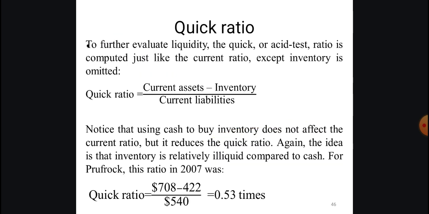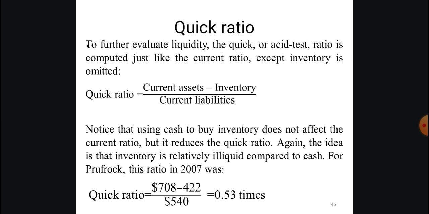Accordingly, the quick ratio is the difference between current assets and inventory, divided by the current liabilities. If we take our example of Prufrock Corporation, the current assets are 708, and out of this, 422 is inventories.